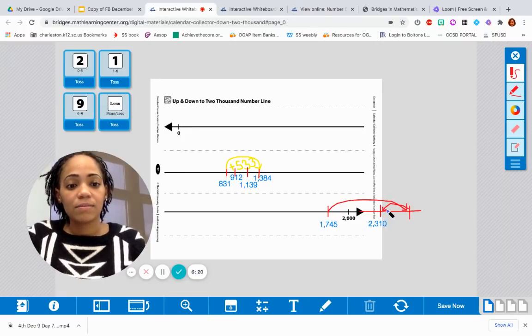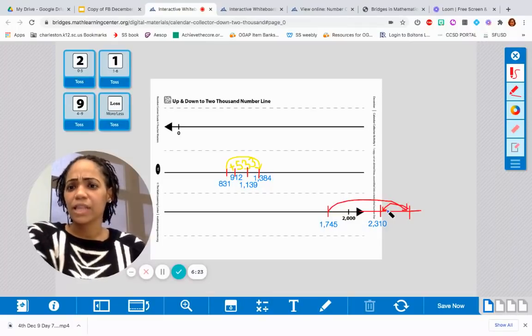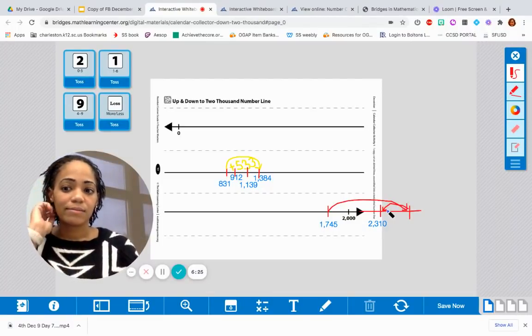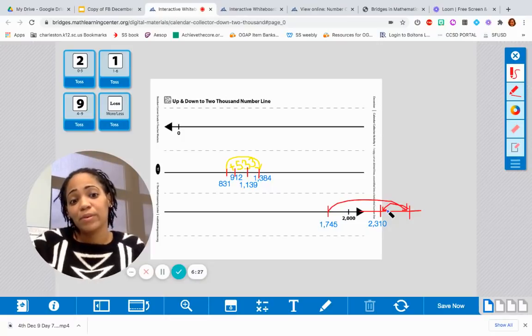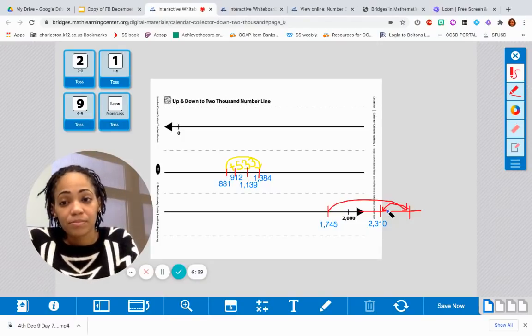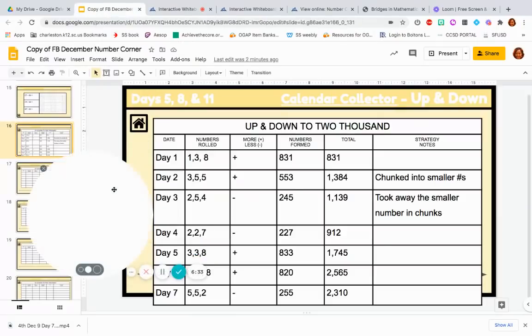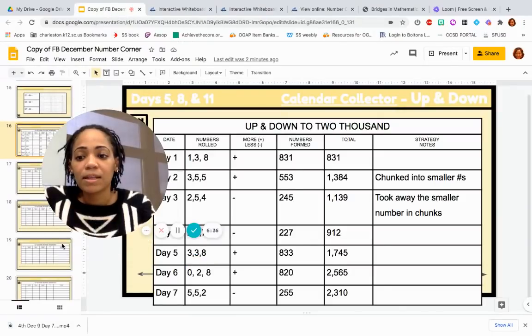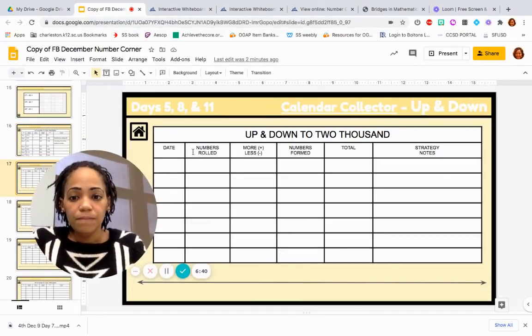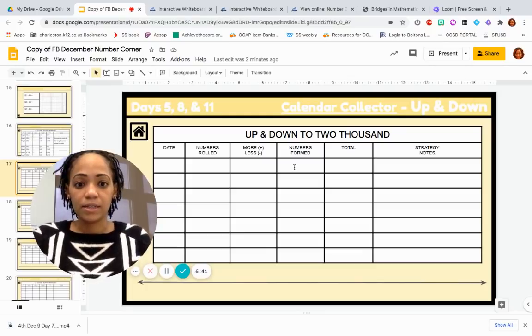What number do we want to make if we're playing for less and we're trying to get 2,000, which we have 2,000, but we don't want to go down from 2,000. So we have 2, 1, and 9. We'll probably make the number 129. So let's write that.